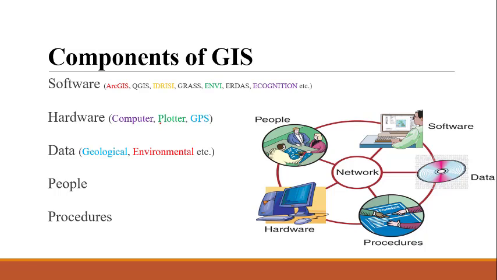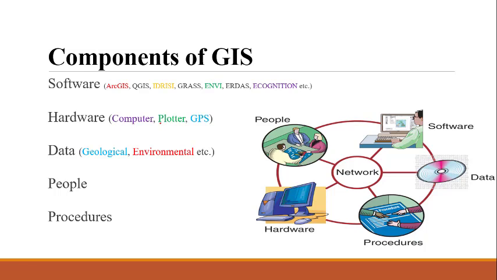Data might be of different formats. It can be geological data, environmental data, hydrological data, urban data, etc. A lot of data can be utilized in a GIS for different purposes.